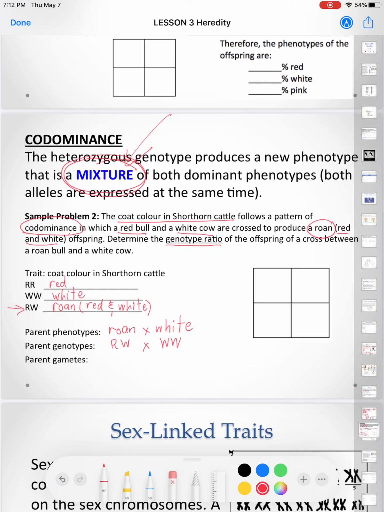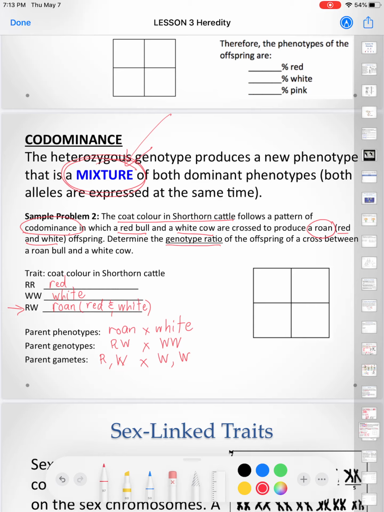Now it doesn't really matter for the genders here yet which one's the bull and which one's the cow. I'm just concerned with the phenotypes right now. So this first individual, this bull, can either give a haploid R or a haploid W in its gametes. And the second parent can either give a dominant W or a dominant W.